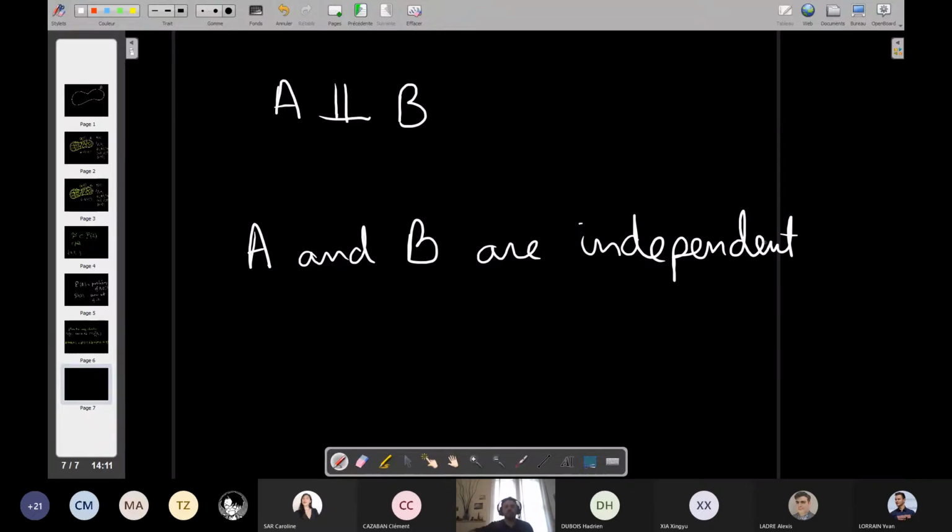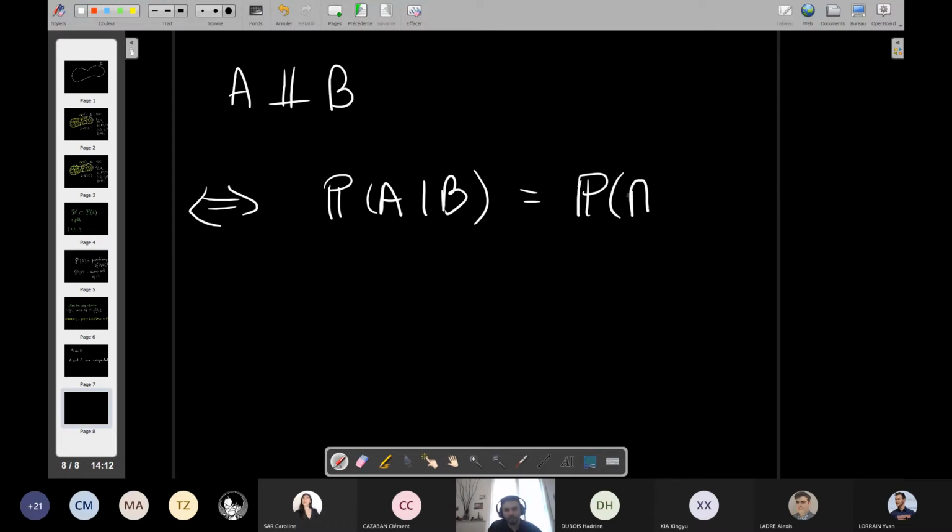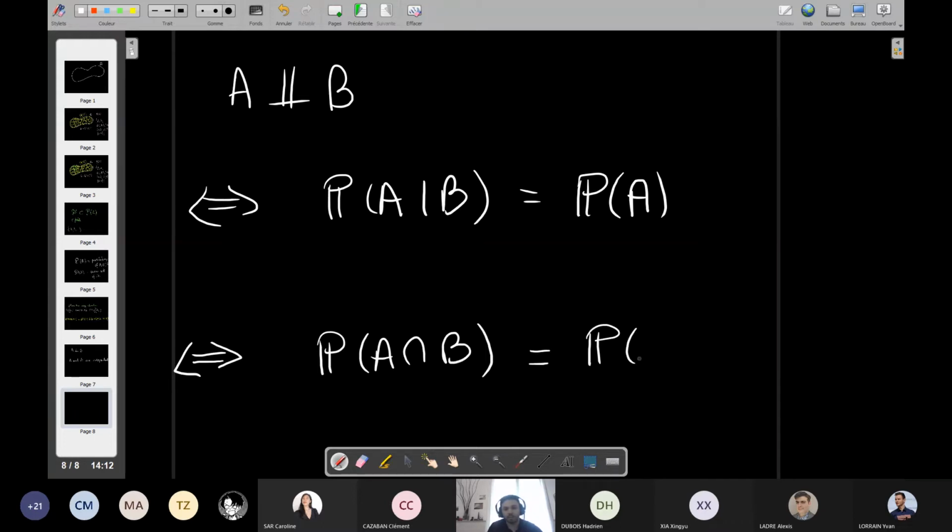A and B are independent if and only if the probability of A given B is just the probability of A. So the fact that knowing that B realizes doesn't give me any useful information to compute the probability of A. And we also proved that this was equivalent to saying that the probability of the intersection is actually the product of probabilities. Those three are equivalent.